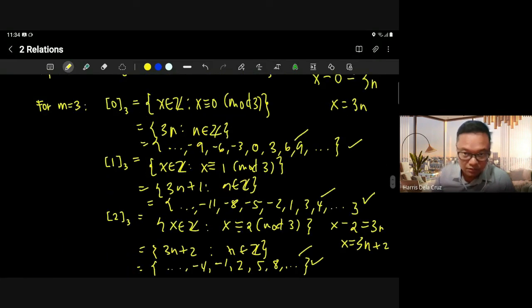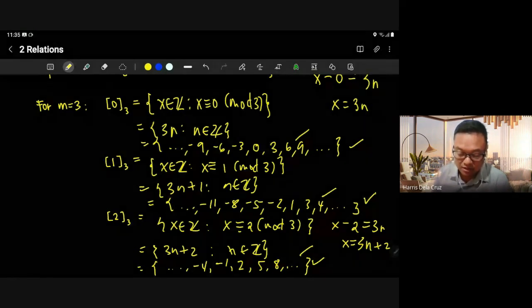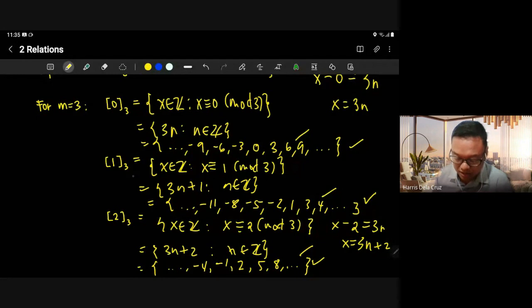Itong tatlo na to. Now, if we define a relation induced by this partition, ano i-define natin yung relation? So, the relation will be, they will be related if they belong to the same set. Pero, paano ba sila mabibelong to the same set? If they leave the same remainder: 0 for [0] mod 3, 1 for [1] mod 3, and 2 for [2] mod 3.